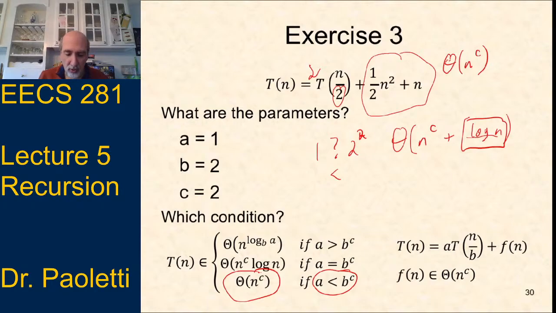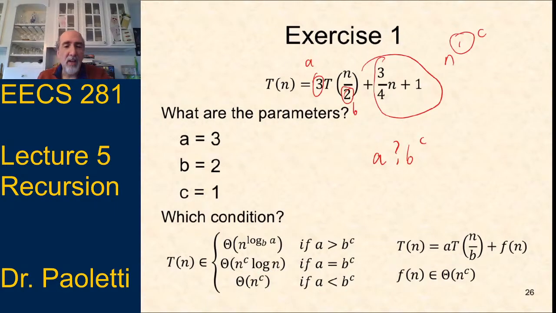All right, let's go to the other end. Let's go to number 1 here. In the first case, c doesn't even come out in our equation. Our equation is big theta of n to the log base b of a. C doesn't even enter into this.